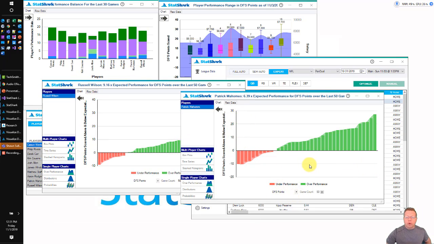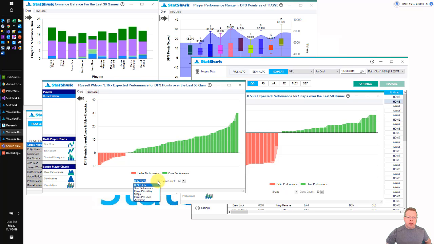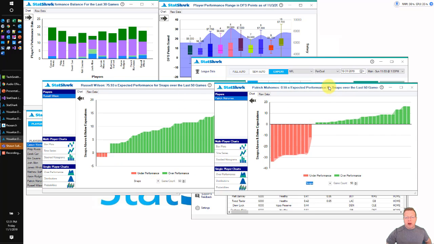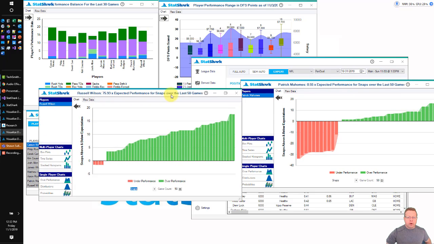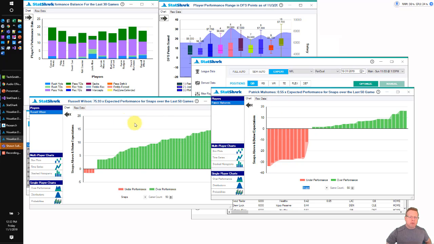So let's take a look real quickly, a side-by-side comparison of how many snaps these individuals play, because the number of snaps, of course, is a greater opportunity to score DFS points. And we see a significant difference between Patrick Mahomes and Russell Wilson.